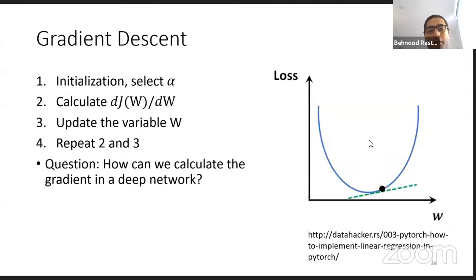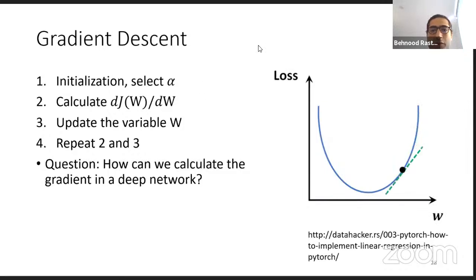But the main question is, in this case, it's easy to calculate the derivative for this cost function. But how can we calculate the derivative or the gradient in a deep network?